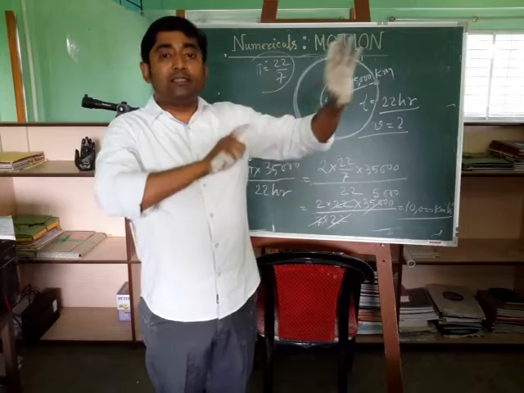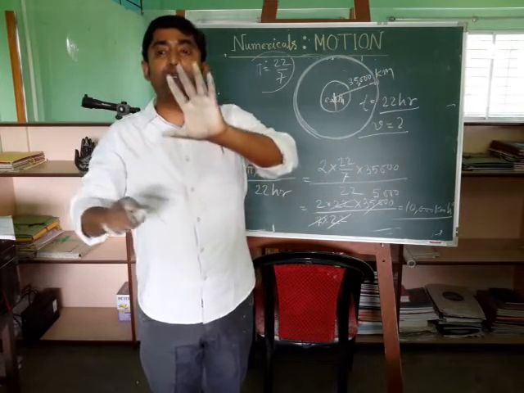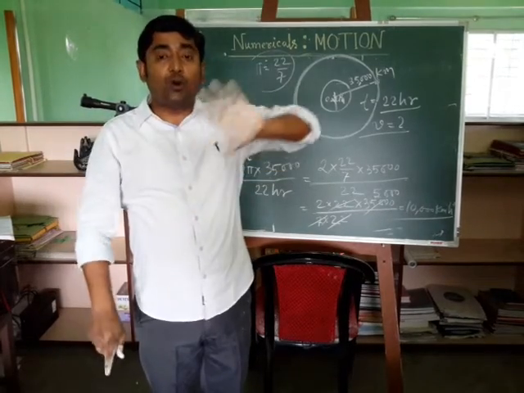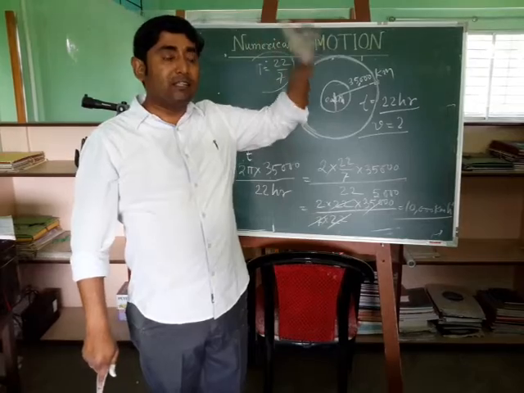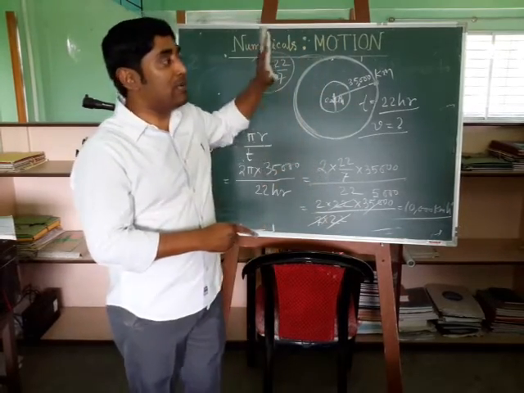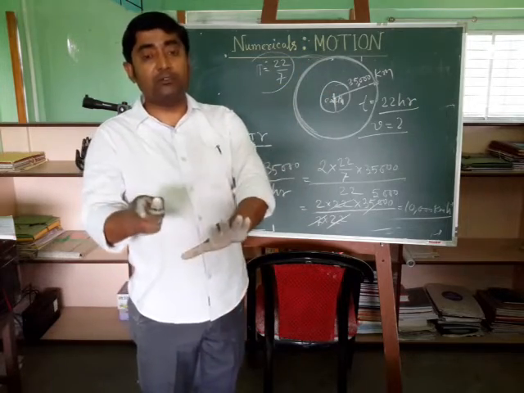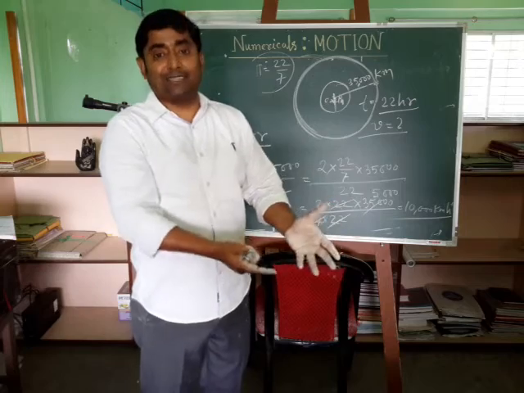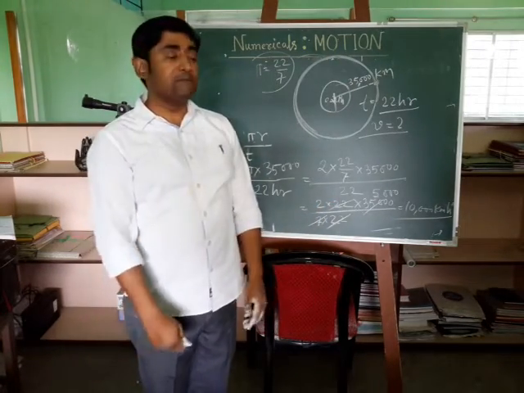You can see that an object is moving with this velocity, it is slowing down or speeding up, taking this much time. All the information given in the problem should already be in your mind. You should clearly visualize that. Then only will you immediately write what is given and what you have to find out, and which path you will take, meaning which formula you will call, which equation you will employ.